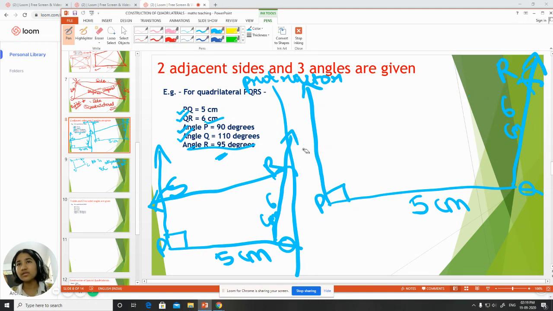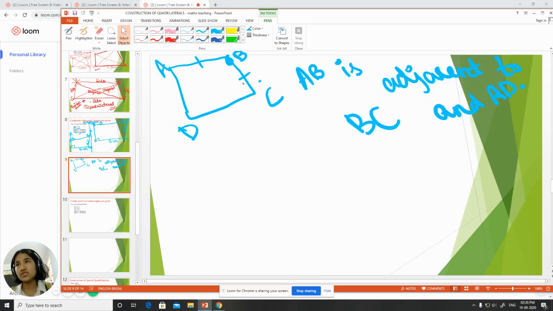Or if you think this is not the place, then 95 degrees, wherever it goes, till that point will be on 95 degrees. And that point where it intersects, that point will be considered to be our S. So haven't we drawn it?